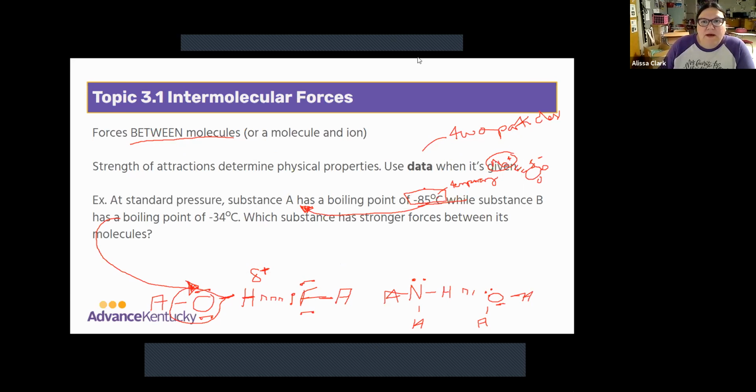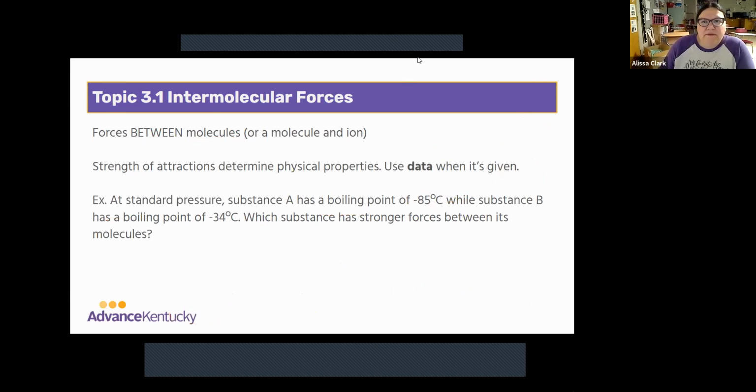The second one: the big thing that you do with intermolecular forces is you use them to determine the strength of attractions. It's to determine physical properties. And the most important thing I think is, if I asked you guys to tell me which intermolecular force is the strongest, you all would tell me hydrogen bonding, because that generally is what we see in terms of a list.